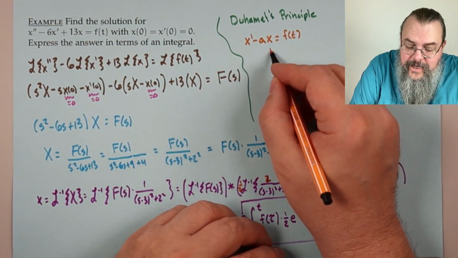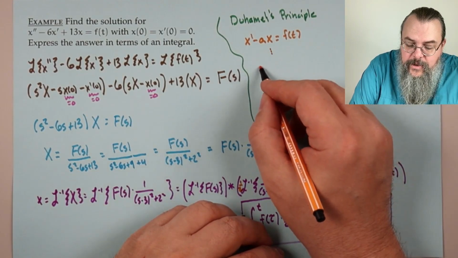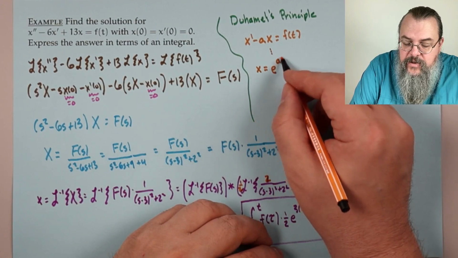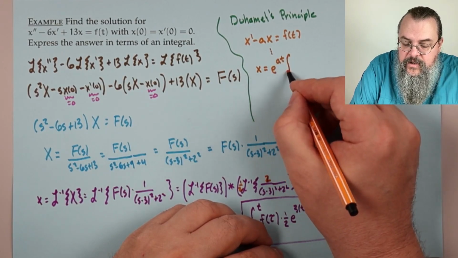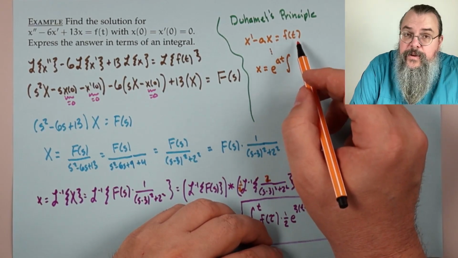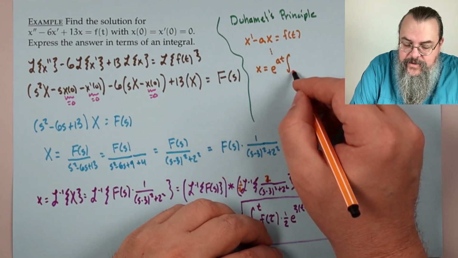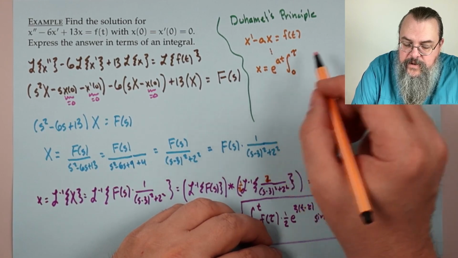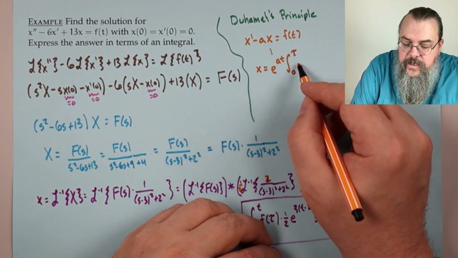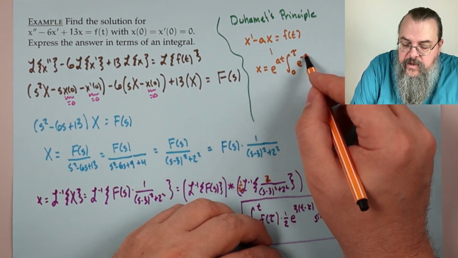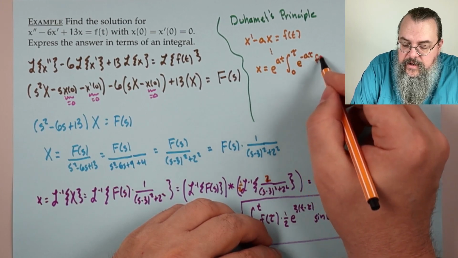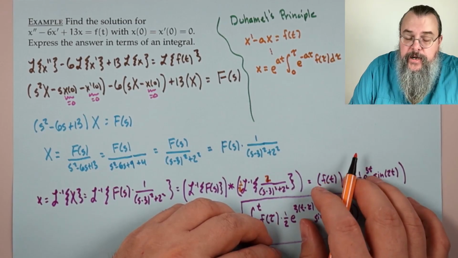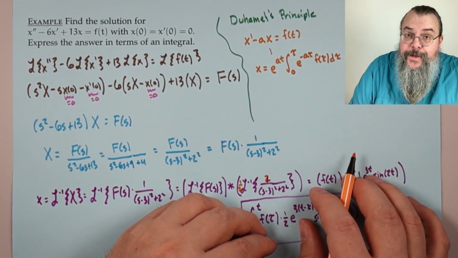So if you carried out the work here, what would you end up with? Well, you'd end up with x is e to the at times the integral, and I'm going to use an integral as a standard for antiderivative, 0 up to t of our function e to the minus a tau f of tau d tau.